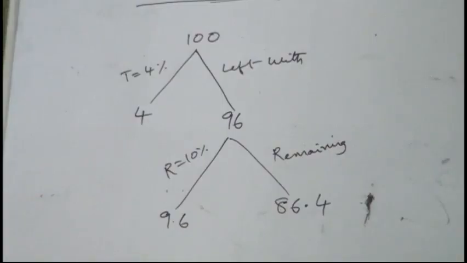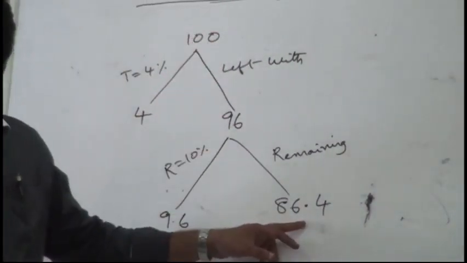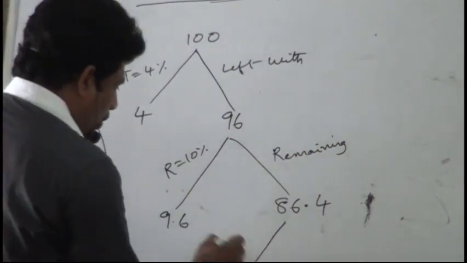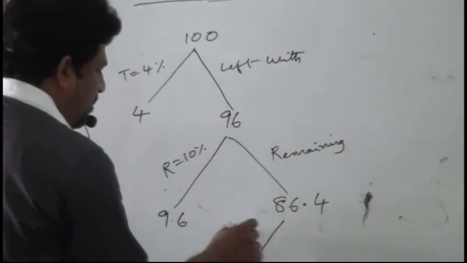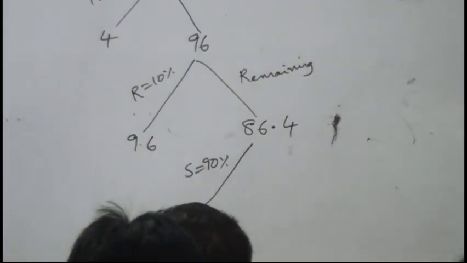So what percent of the good ones did he sell? 90%. So 90% is to be calculated on 100 or this 86.4? Sold 90%. You want to calculate 90% on that? Need not calculate.